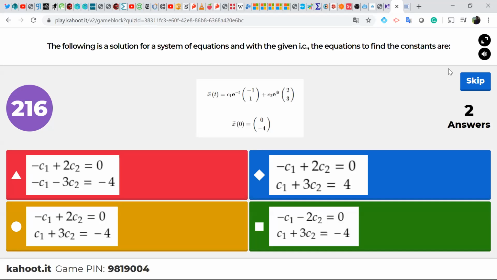So you need to replace initial conditions for time equal to 0. So you need to replace t with a 0 in your matrix equation, and your equation will be equal to the vector 0 and -4. So what is the resulting system of equations in order to find the 2 constants?